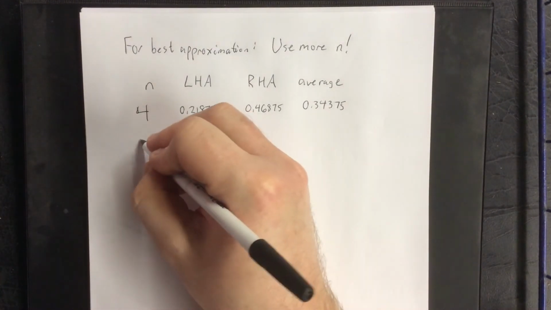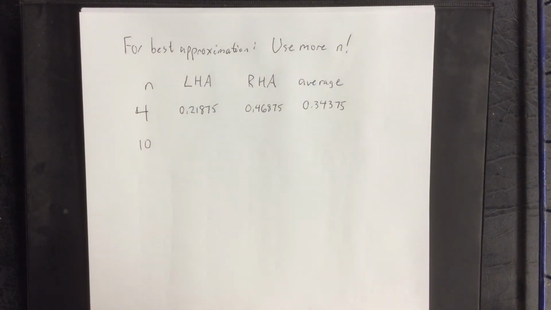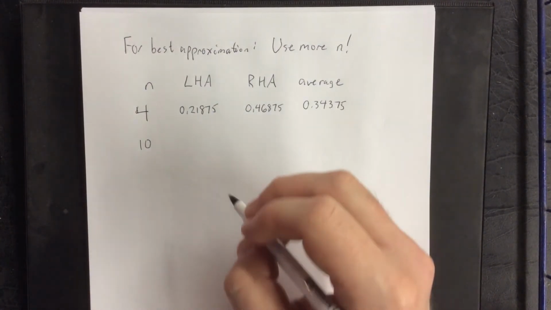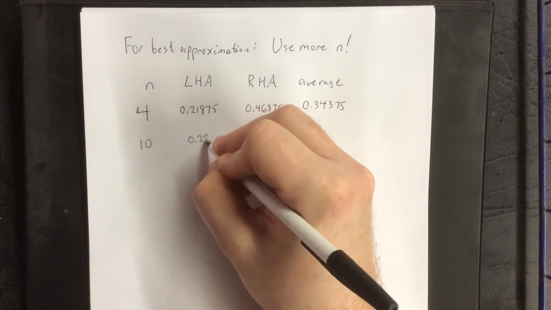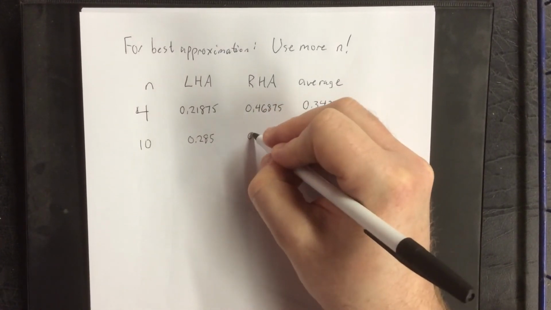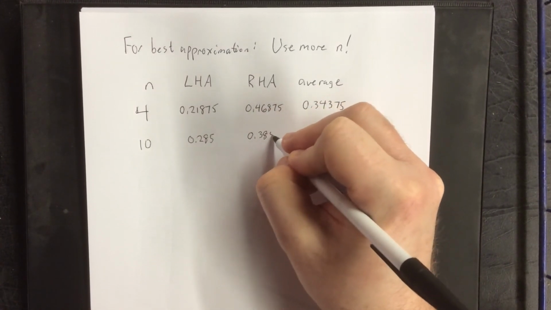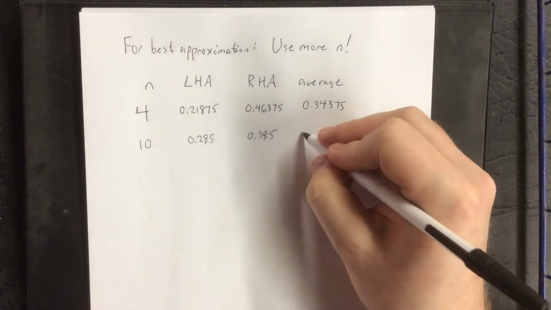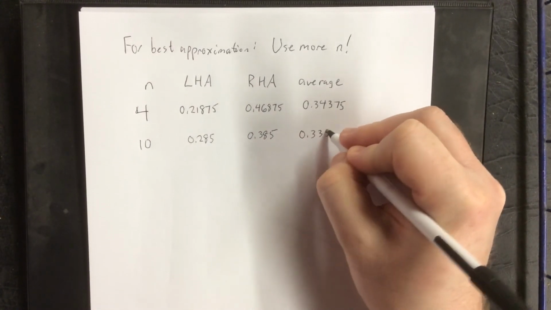The book lets us know that if you use n equals 10 for this, which is a lot of calculations, you get a left-hand approximation of 0.285 and a right-hand approximation of 0.385. The average of these two numbers is 0.335.